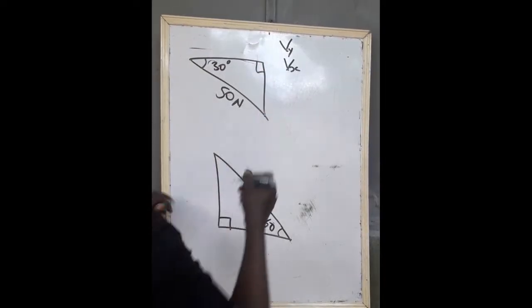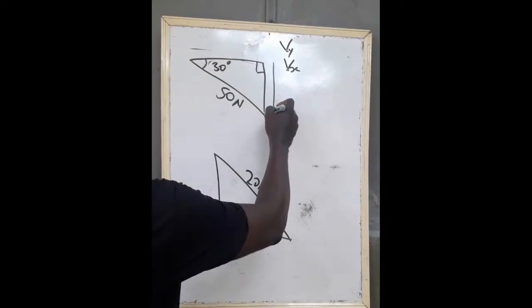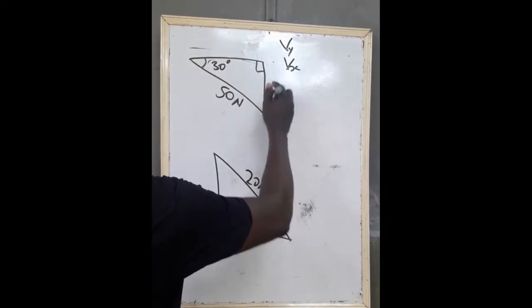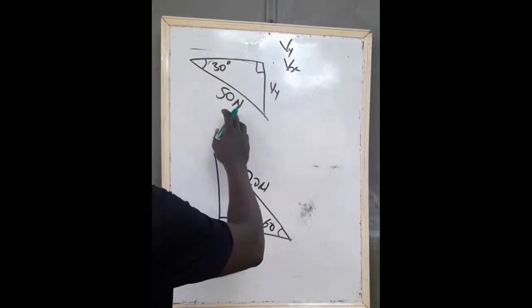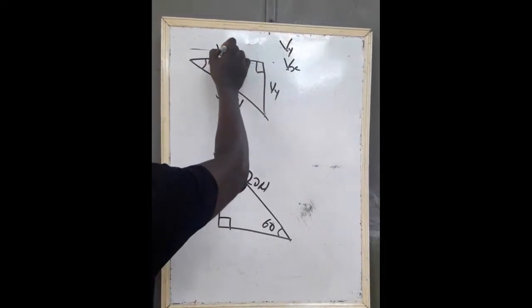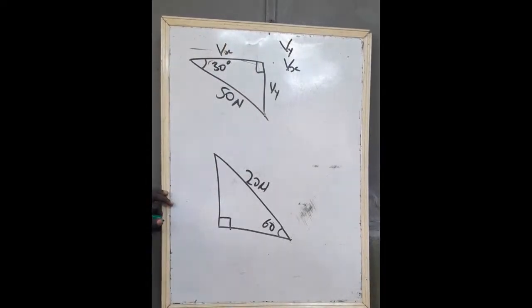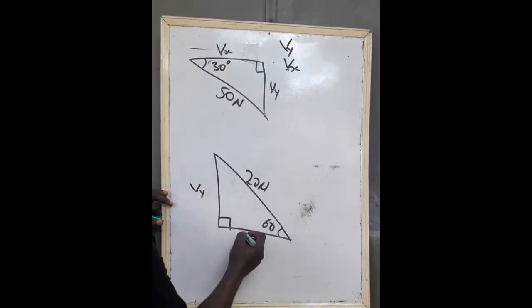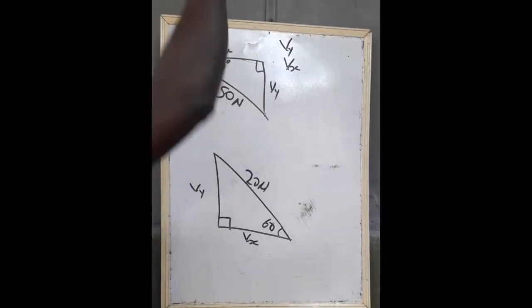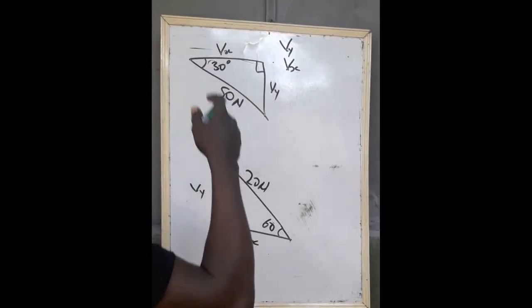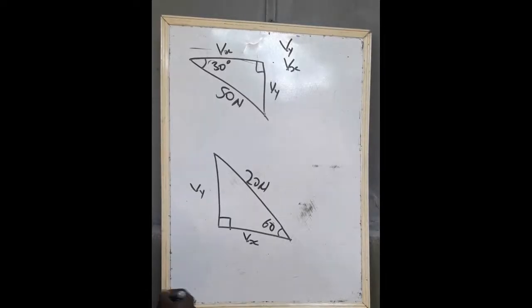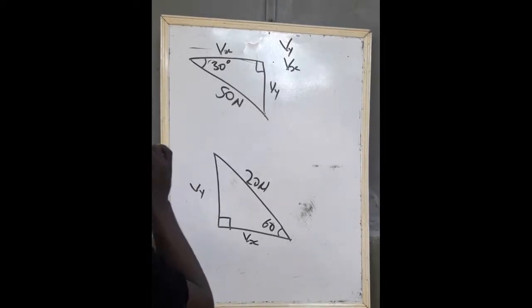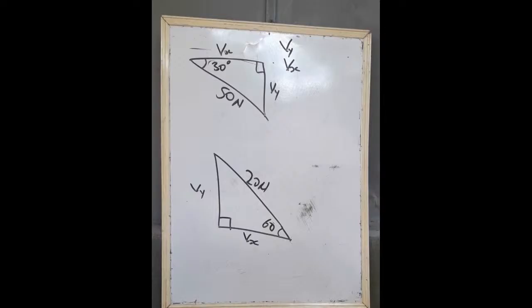Along this axis. So this is the vertical component, this is Vy. And along this component, you have Vx. For this one, this is Vy again, and this is Vx. Remember, your vertical component is always from top to bottom, and your horizontal component is always from your left to your right or your right to your left.